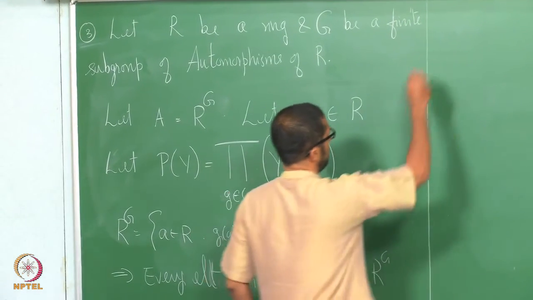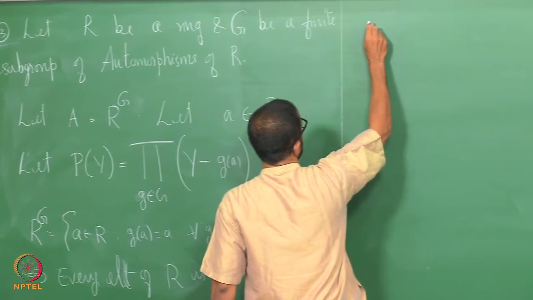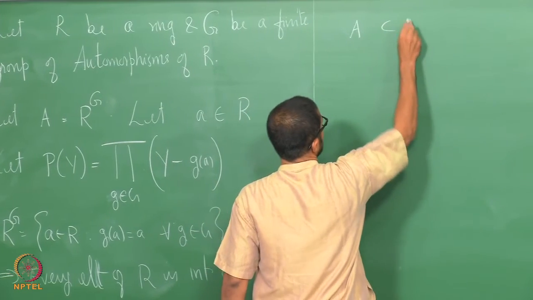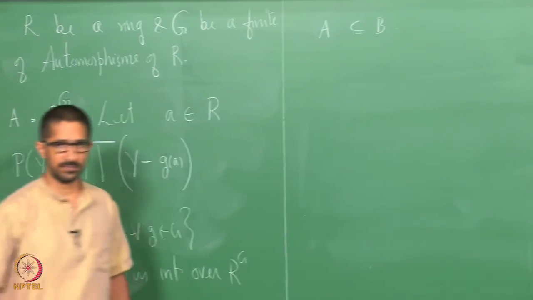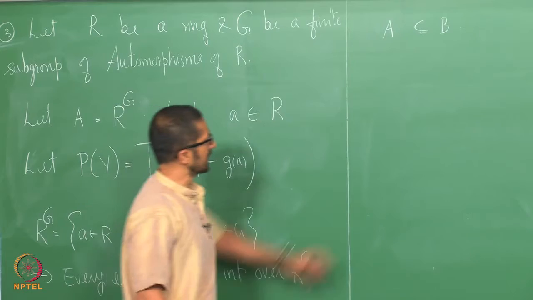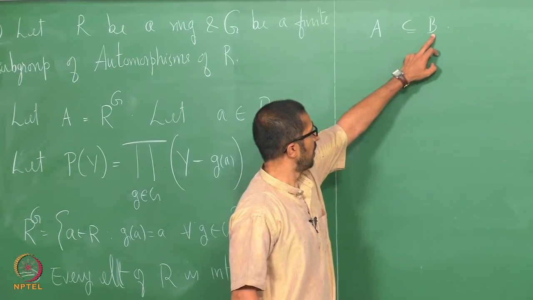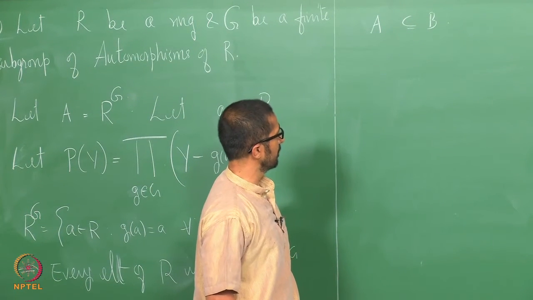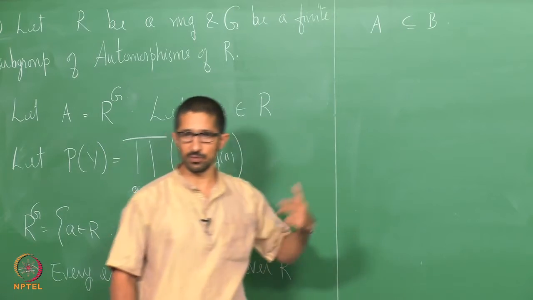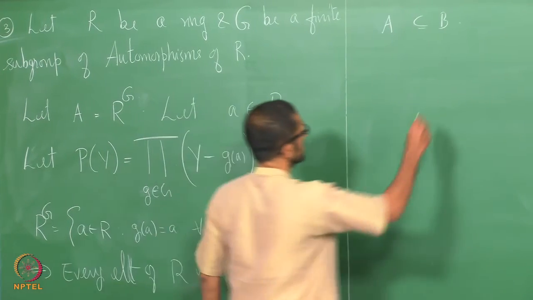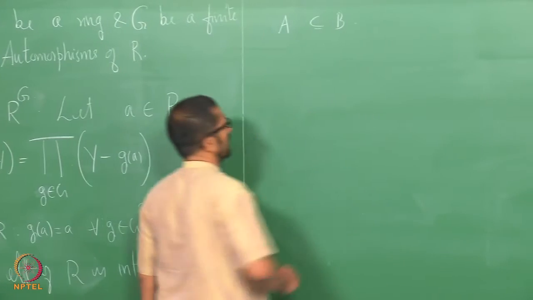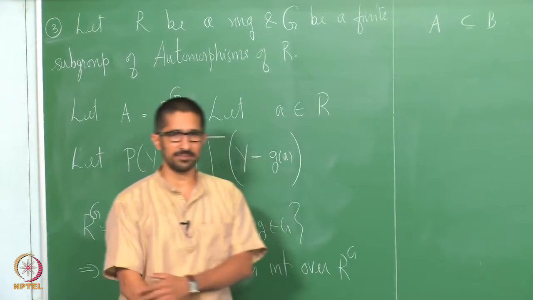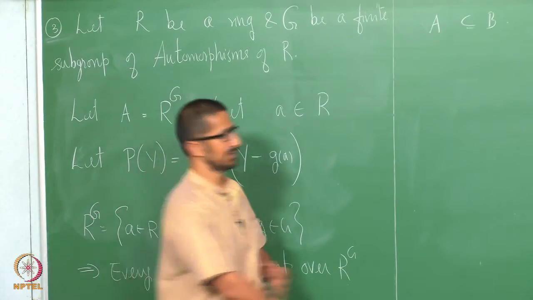So now suppose I have a ring extension A contained in B. I look at all elements in B which are integral over A. Can you give me some elements from that set?